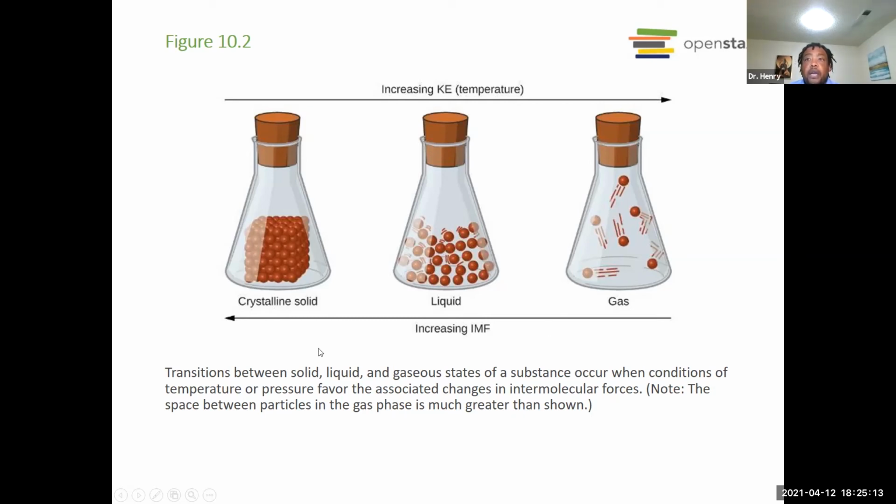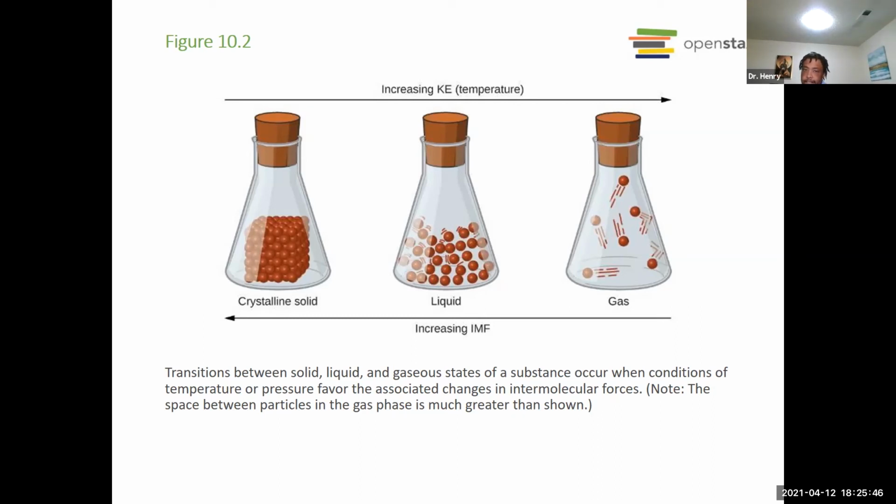As we increase the temperature, or the energy put into the system, that causes the intermolecular forces to stop. You have less of them interacting. You disrupt those interactions. So the intermolecular forces go in the opposite direction: the more intermolecular forces you have, the more of a solid you're going to be. Does that make sense?